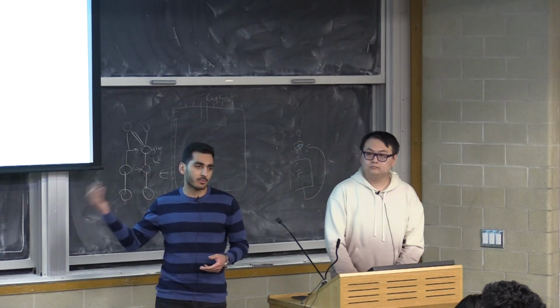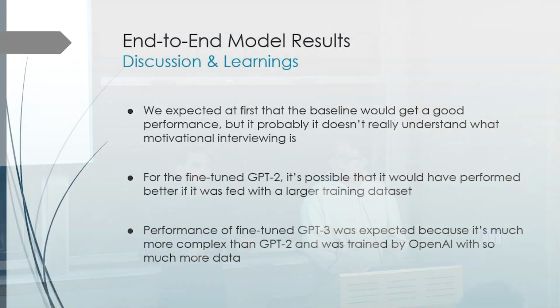What we've learned from these experiments is that the baseline model probably doesn't know what MI really is, and we think the GPT-2 model would have performed a little better if it was fine-tuned with a bigger training set. It was no surprise that GPT-3 performed better than GPT-2 because it's a much more complex model and it's trained on a lot more data.